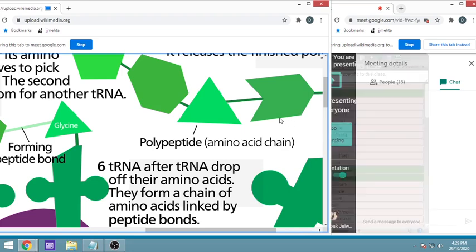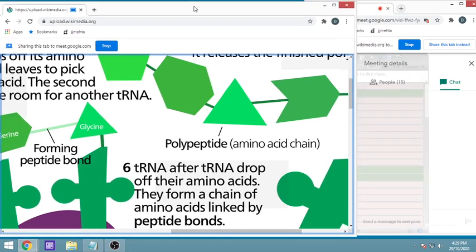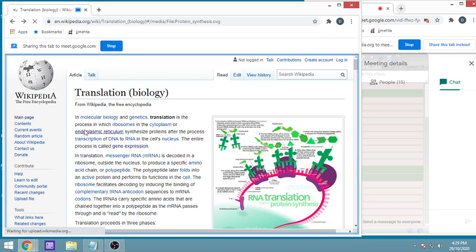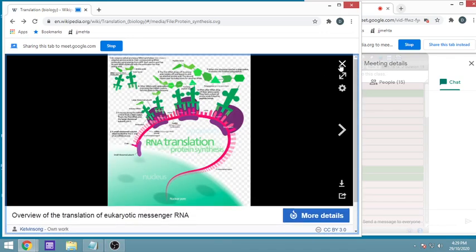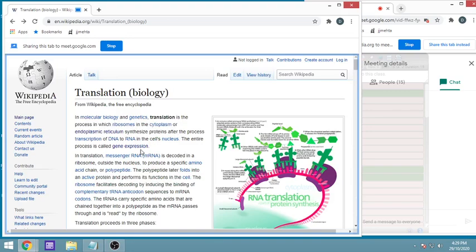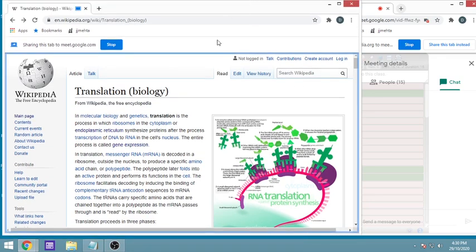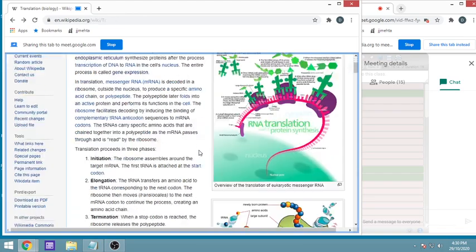Now if it needs to be processed, then it will go to the endoplasmic reticulum, where it will be processed and packaged in a proper manner. So like this, the action will take place. So this messenger RNA is decoded, and accordingly the specific amino acid chain is attached to make a polypeptide.